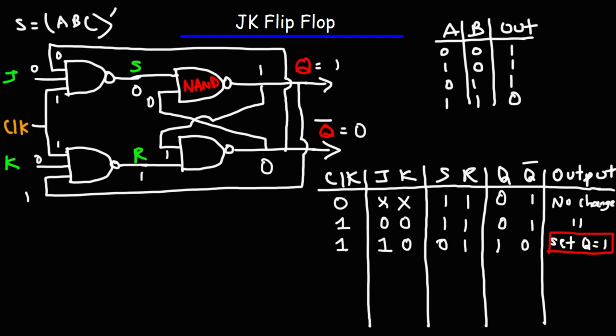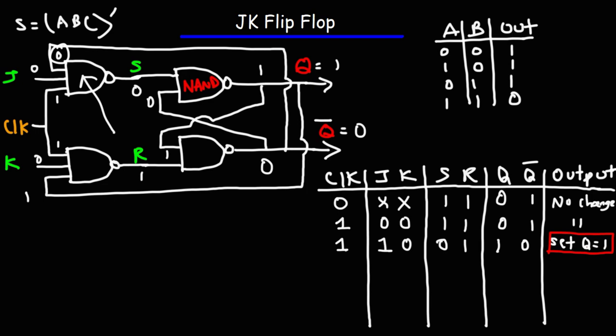Now, when Q goes to 1, notice what happens. When Q goes to 1, that means that this NAND gate is waiting to be activated. It's now active, but it's waiting for K to be pressed. Q bar went to 0, so this input is 0. This NAND gate is inactive, because now it doesn't matter if J is 0 or 1.